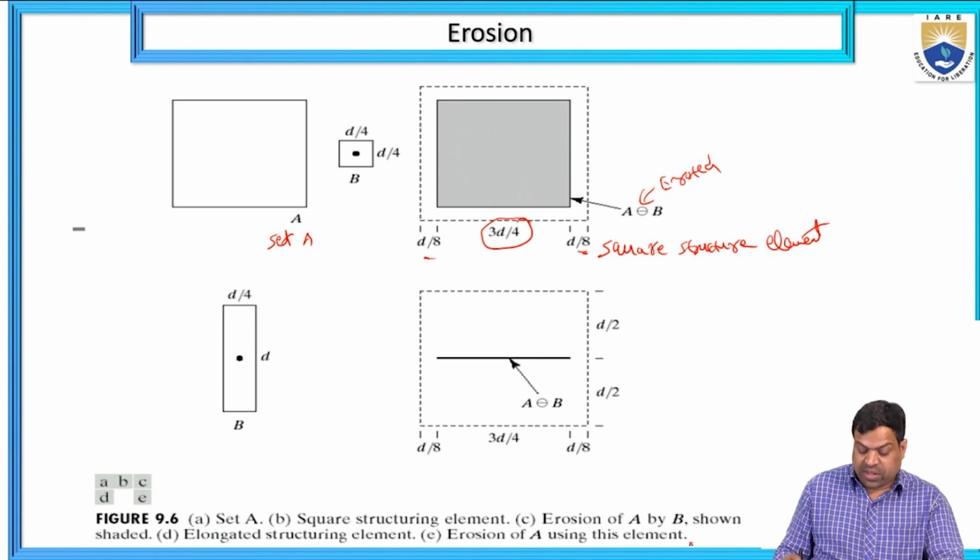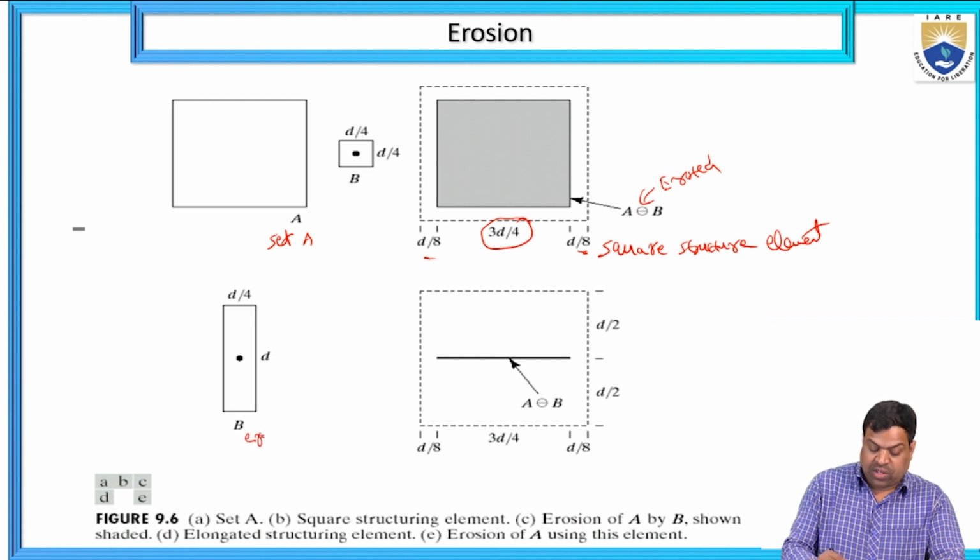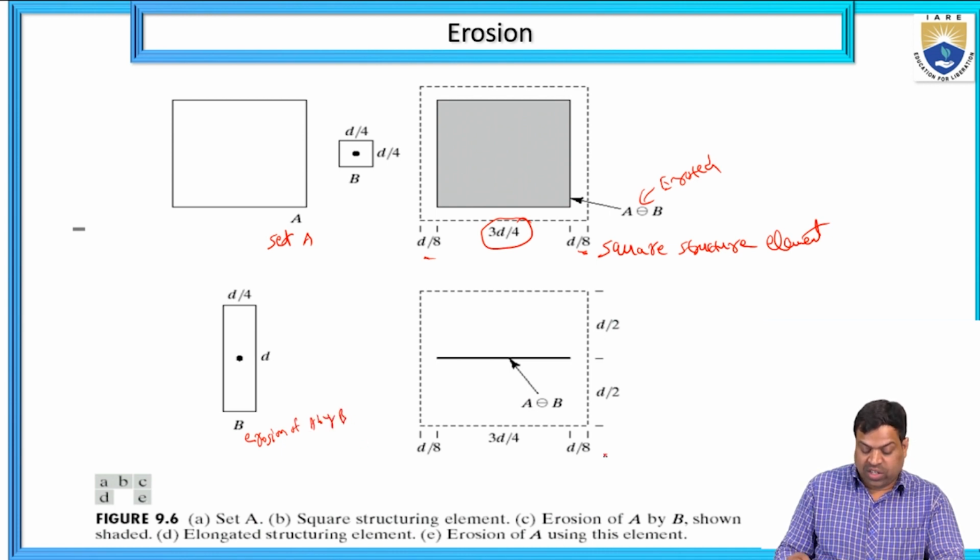So here figure C is the erosion of A by B. D1 is an elongated structuring element SE, and the output is the erosion of A using that element. After the erosion, it is one proper line, and all the remaining parts are decreased.